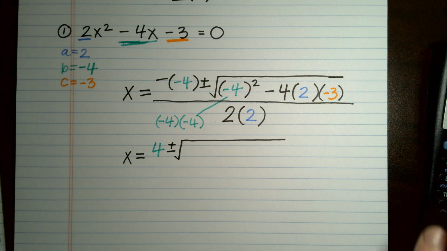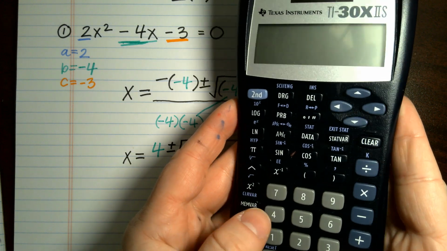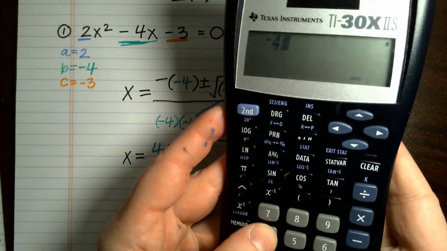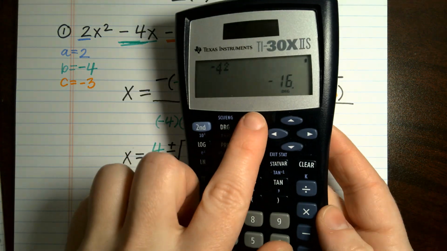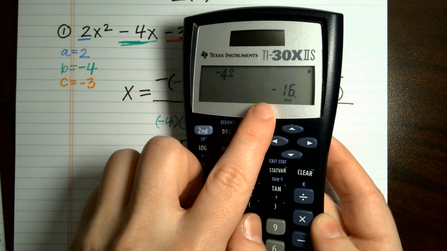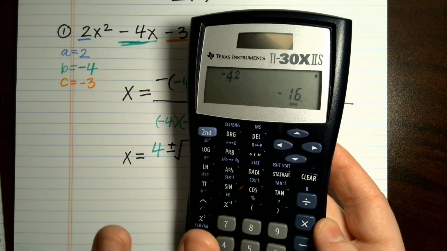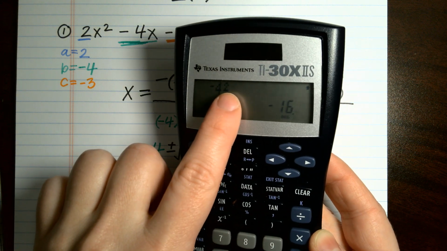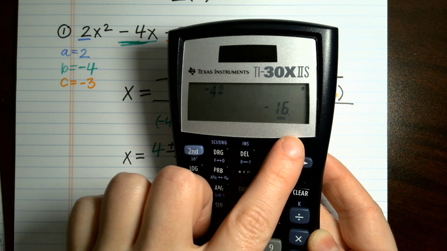If you type it in your calculator, I see why some of you get a negative. If I type -4 squared, you are going to get -16. But the reason you get this on your calculator is because it's using the order of operations and reading it as 4 squared, which is 16, times a negative, -16.